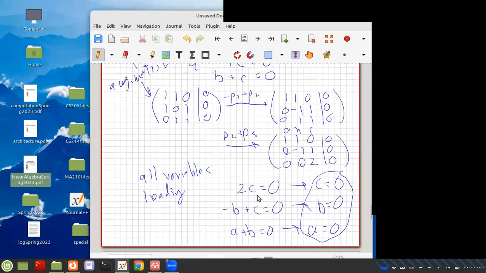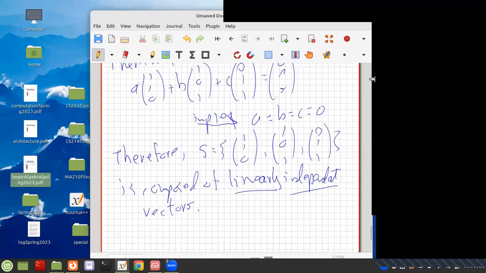Right? And we got one solution, all variables leading, one solution. And since you know A, B, and C equal to 0 is a solution, you know that that's going to be the solution because it's homogeneous. You're not going to get anything but 0.